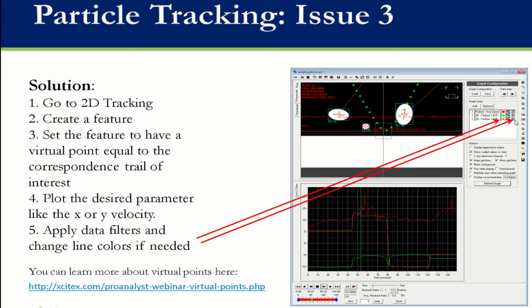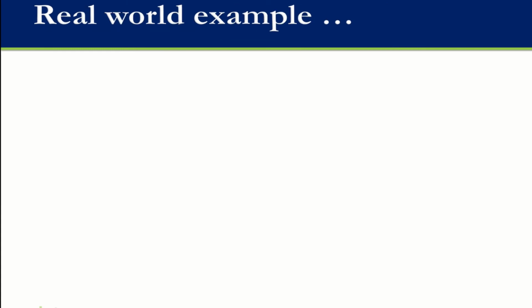We can also apply a filter to the data because maybe we want to smooth out this discontinuity where the particle strikes the boundary, or smooth out the spike where it happens as well. You can do that on the filter button right there, or you can just leave it alone. You have more information about virtual points and what you can do with them in the virtual points webinar that we did several weeks ago.